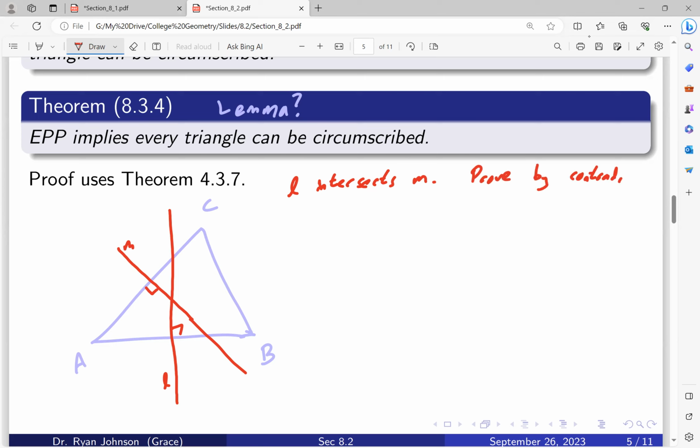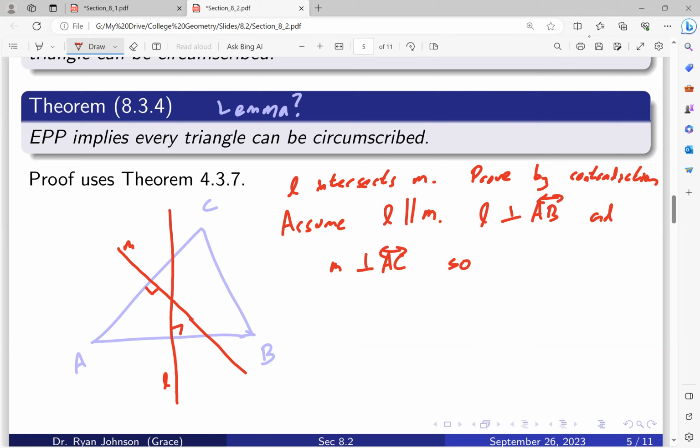So assume L is parallel to M. Well, we know that L is perpendicular to AB, and M is perpendicular to AC.